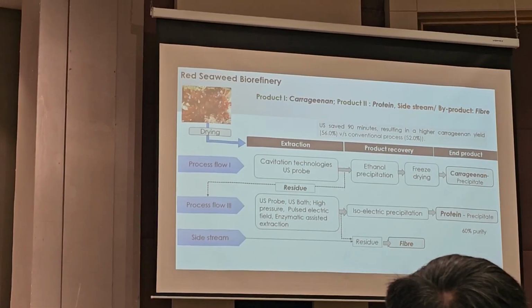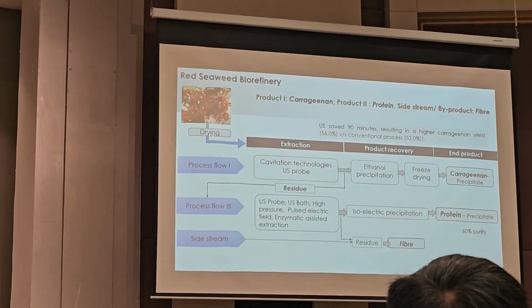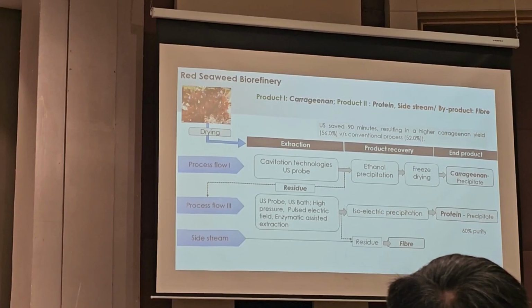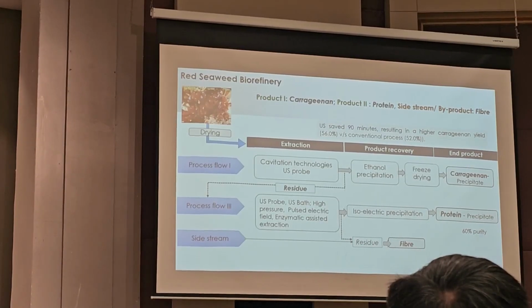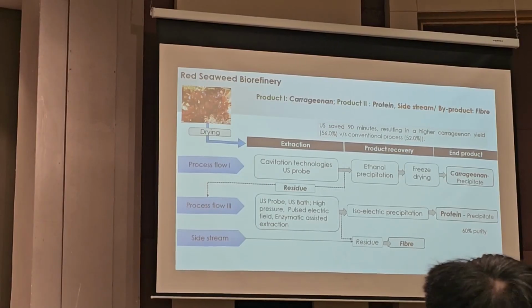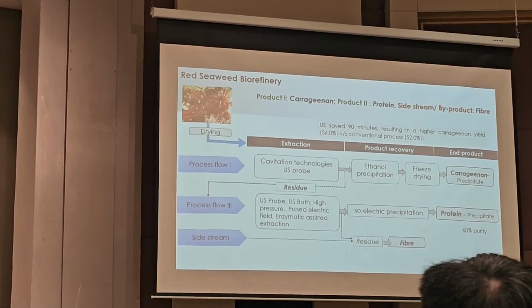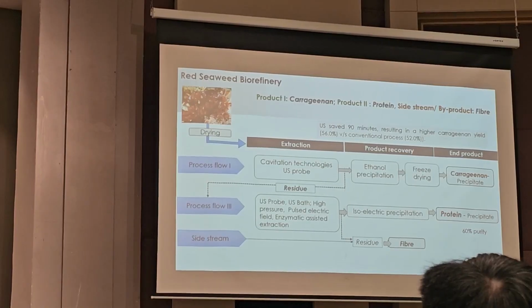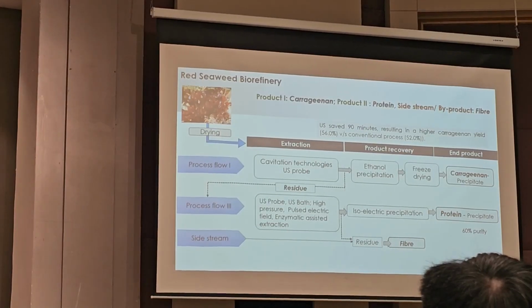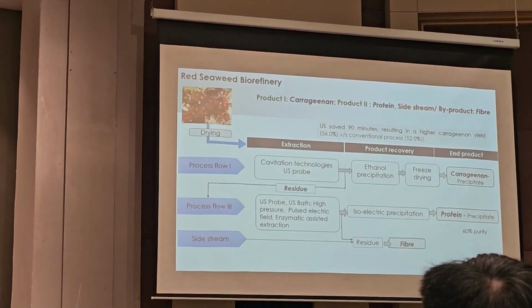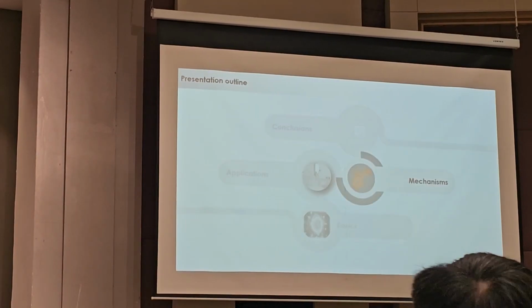So you improve the process efficiency, and an added advantage is you reduce the iodine content. The residue, whatever is left, is automatically concentrated in protein, because seaweeds are not a good source of protein except a few. But we do obtain a good amount of protein by combining sonics with conventional isoelectric separation.